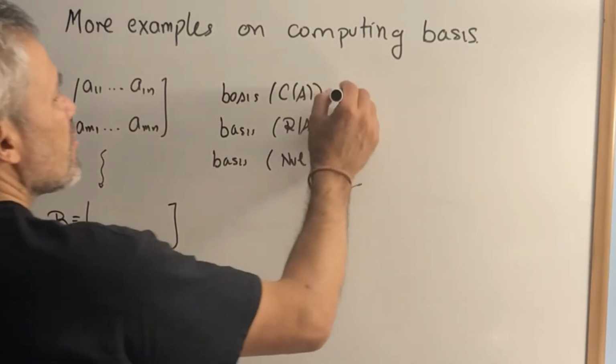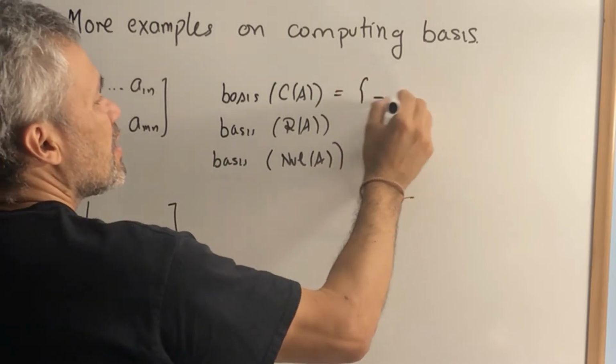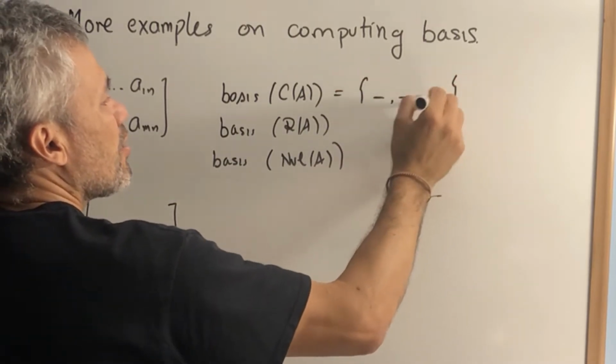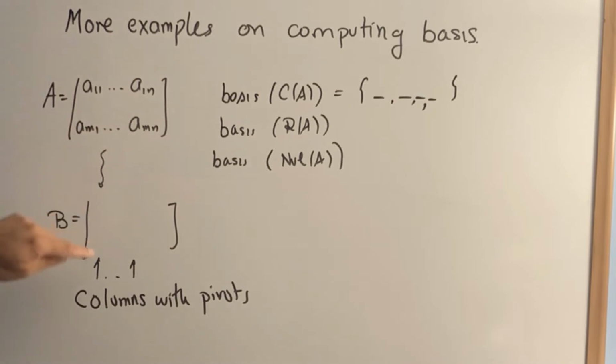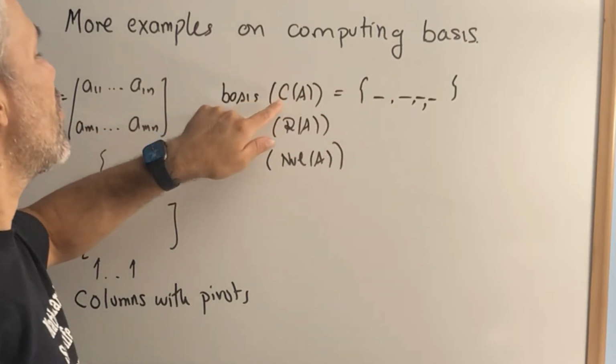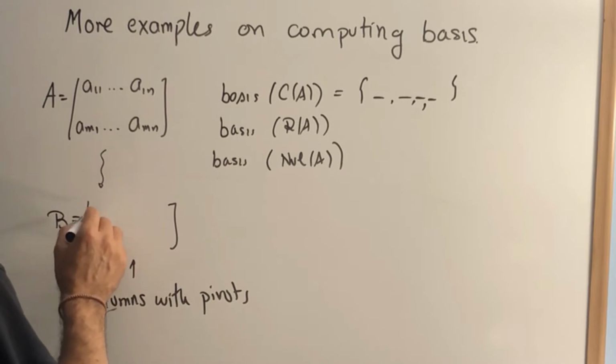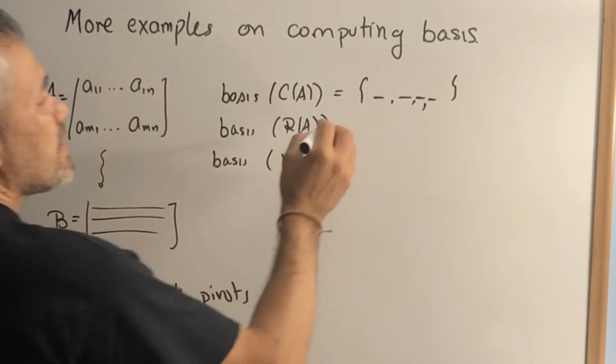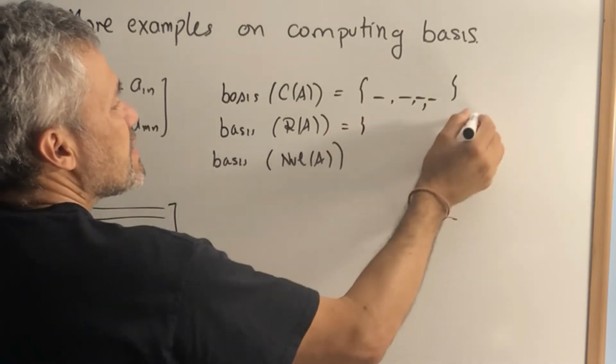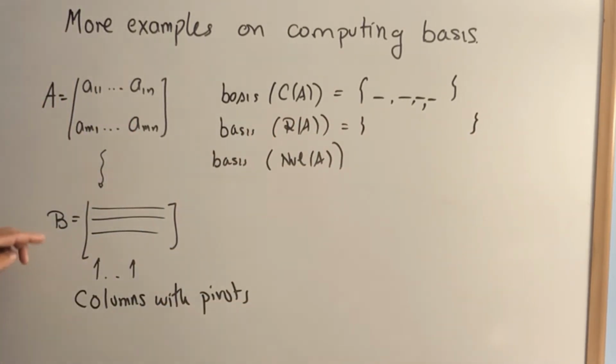The columns in A that go with the pivots of B form a basis for the column space of A. Also, we just take the rows here that are non-zero rows, and they form a basis for the row space of A.